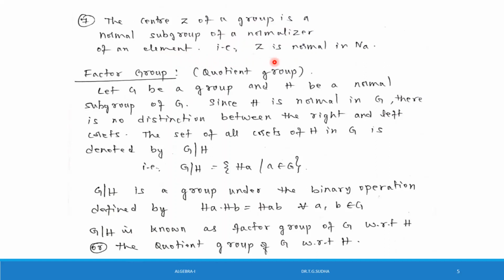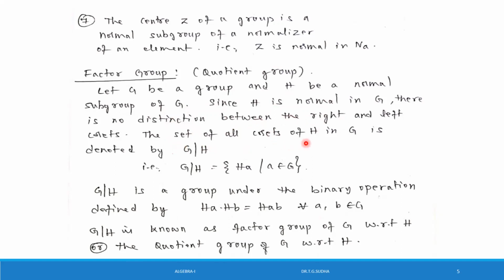Next, let us move on to the factor group, which is also known as quotient group. Let G be a group and H be a normal subgroup of G. Since H is normal in G, there is no distinction between a right and a left coset.